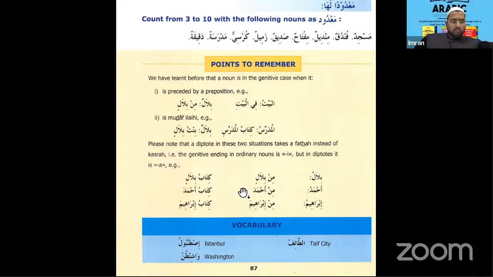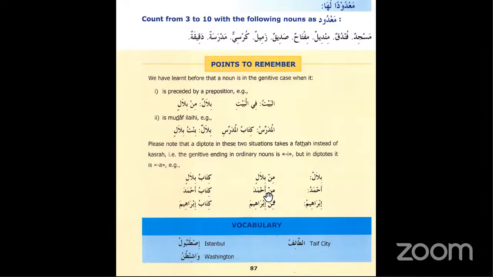Excellent. Please note that a diptote in these two situations takes a fatha instead of a kasra. The genitive ending in an ordinary noun is as above, but in diptotes it is kitabu Bilali, kitabu Ahmada, kitabu Ibrahima.